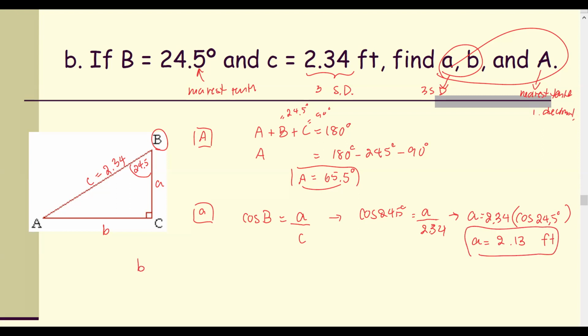Next one, side B. Side B is the opposite of angle B. We are going to use the trig function sine.